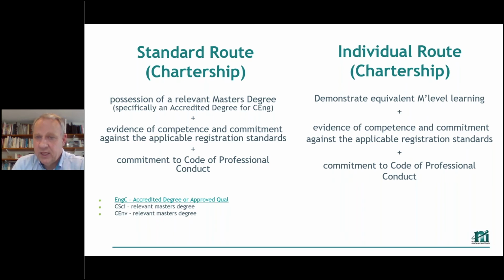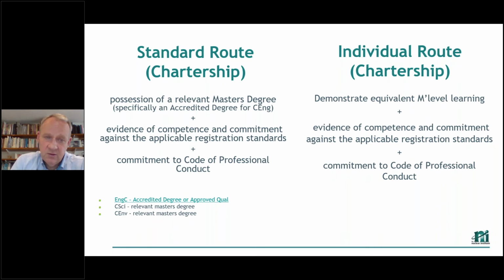But if you need any help with that, then again, it's a case of coming back to the NI membership team and we can do that. I should say within science and environmental, that is only defined as a relevant master's degree. So again, if you've got queries in that sense, then do come back to us. At an incorporated level, it is a bachelor's degree. And again, we will be happy to help if you want to understand whether you meet that requirement or not.